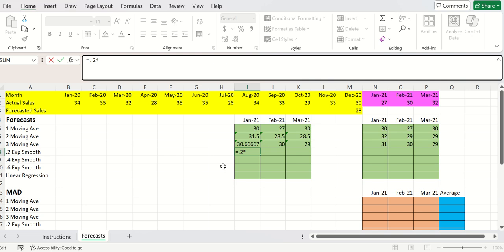So I take 0.2 times what actually happened in December, and add that to what's remaining, which is 1 minus 0.2, from a weighted average. So 0.8 times what my previous forecast was. Again, alpha, as I often refer to it in exponential smoothing, is multiplied times the actual. 1 minus alpha is multiplied by the forecast.